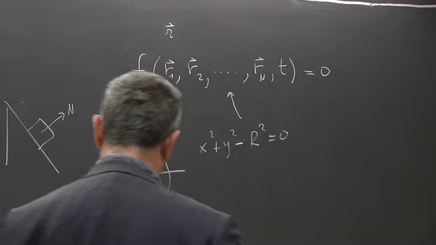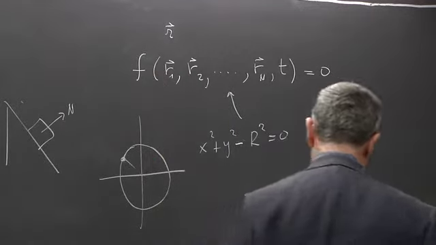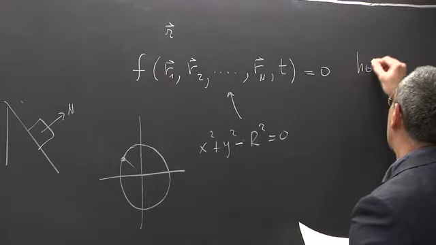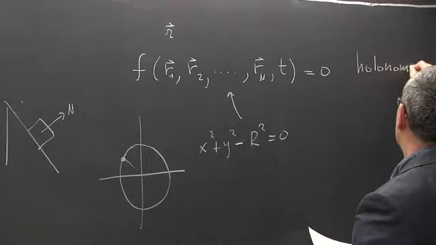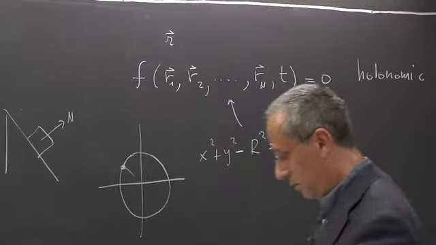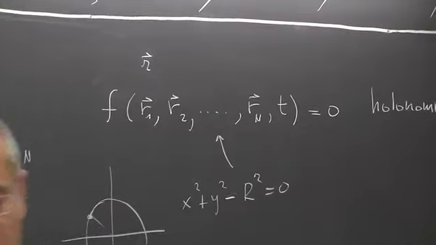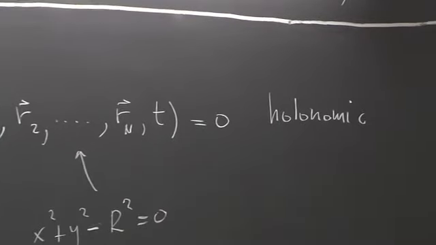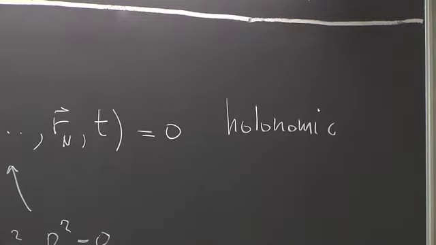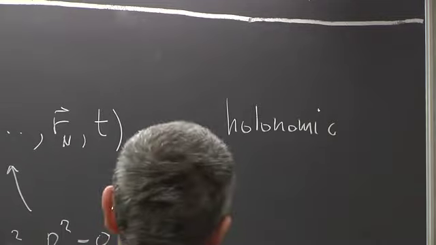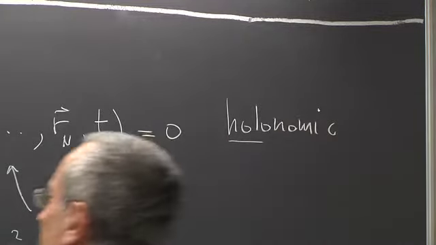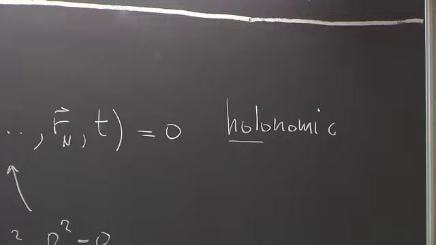Now, this kind of constraint is called, well, here's just a name, holonomic. I'm not sure of the meaning; it must come from Greek, but I don't know exactly. You can look it up.